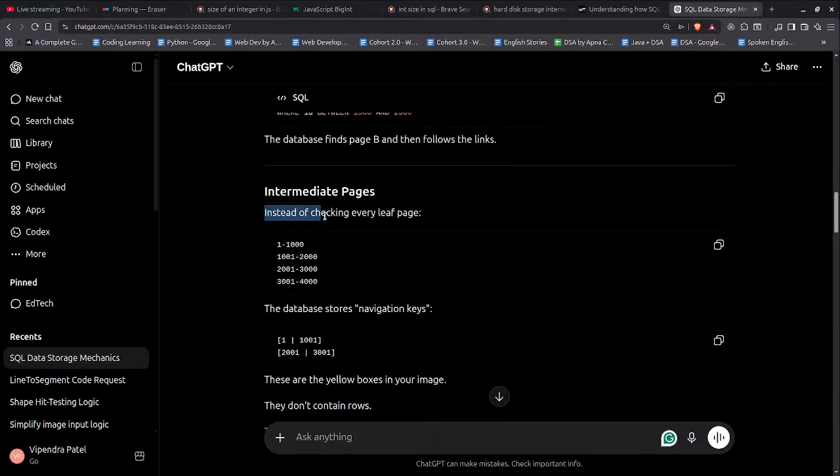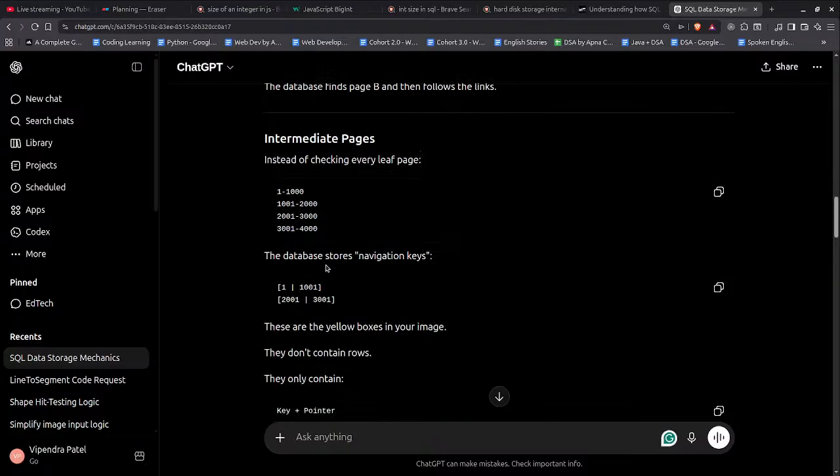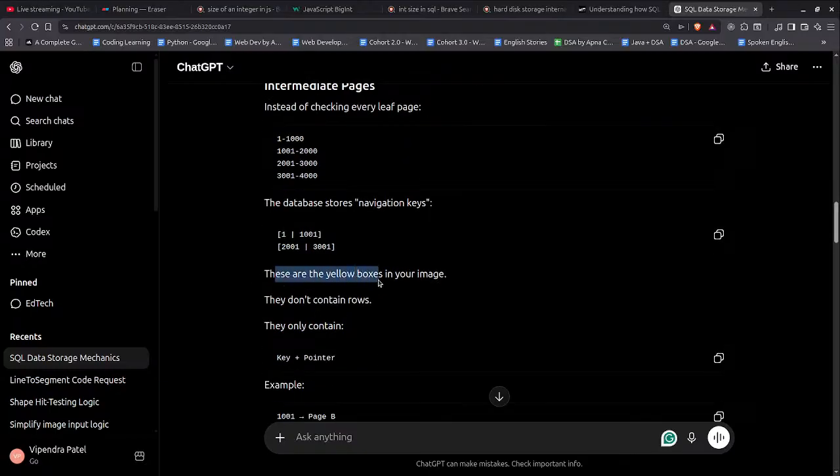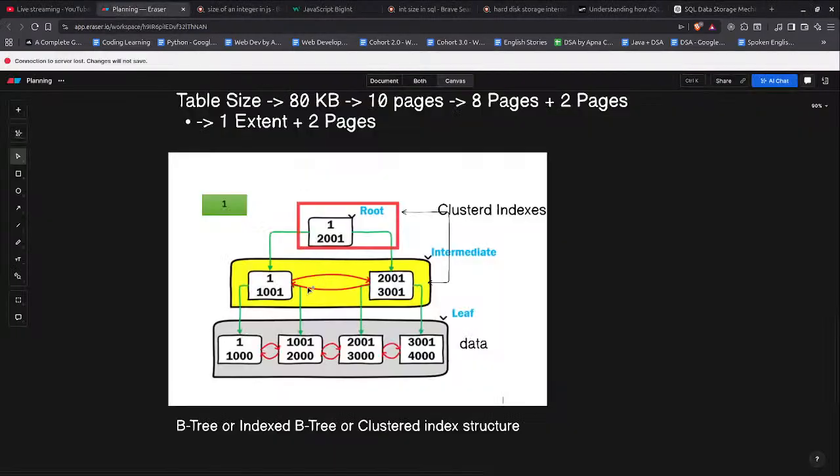Intermediate page: instead of checking every leaf page, you can check the intermediate level of that. The database stores navigation keys. So 1 to 1000, 2001 to 3001. These are the yellow boxes in your image. The yellow boxes that we actually have do not contain the rows, they just simply contain the range.